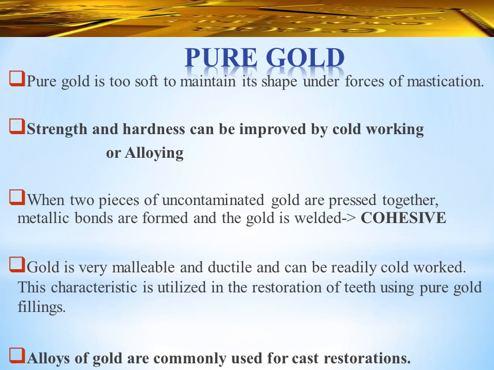And this kind of gold is cohesive because when the two sheets of gold are pressed together, they can adhere to each other. So pure gold can be used for this purpose, and for the cast restorations where we need strength and better mechanical properties, we use alloys of gold.